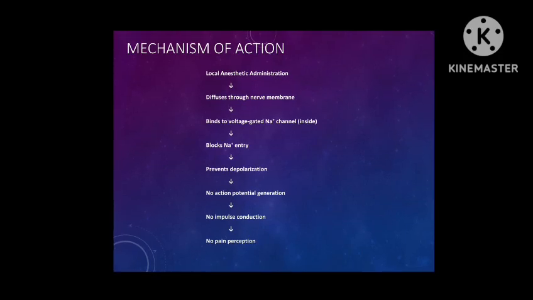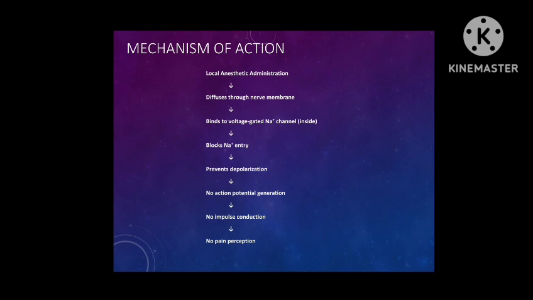Now let us understand the mechanism of action of local anesthetic drugs. So step by step we can see. First, the local anesthetic is administered near the nerve. After administration, the drug diffuses through the nerve membrane. Inside the nerve cell, it binds to the voltage gated sodium channel. Once it binds to the sodium channel, it blocks the entry of sodium ions.